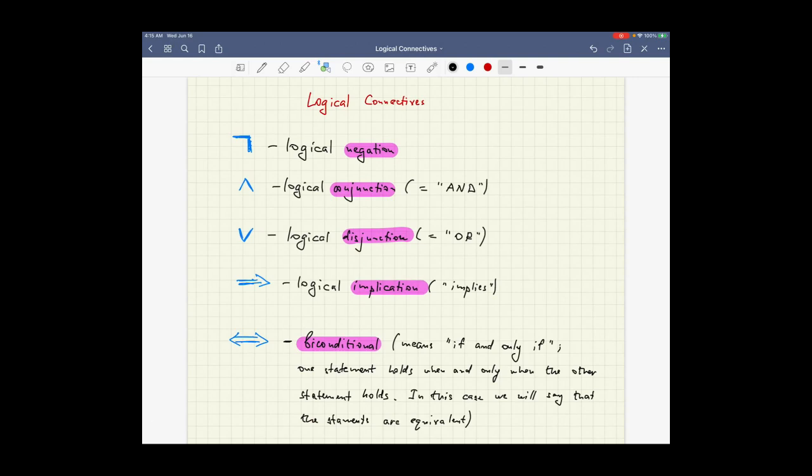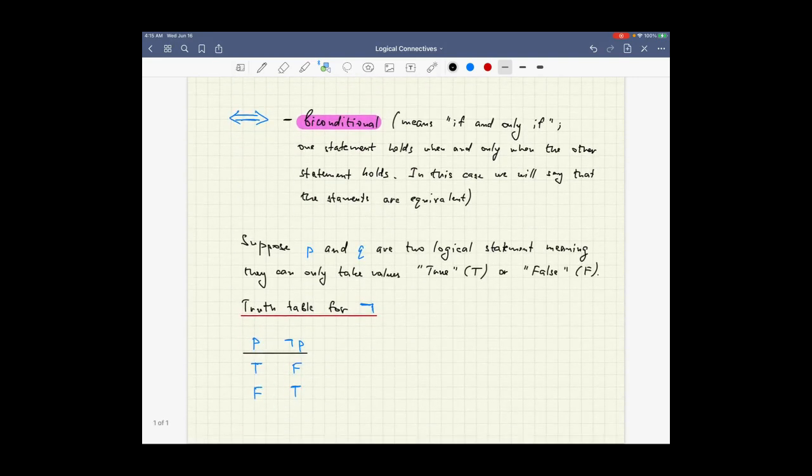Now, the truth table for logical conjunction. Negation only takes one argument, but conjunction takes two arguments. Alright, let's say the other statement is Q. So, what are the possible situations here?